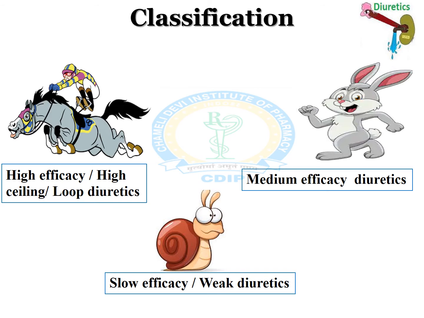There are three major classes under which we are going to study the diuretics. First one is high efficacy or high ceiling, which we also call loop diuretics. Second, the medium efficacy agents, and third category is low efficacy or weak diuretics.